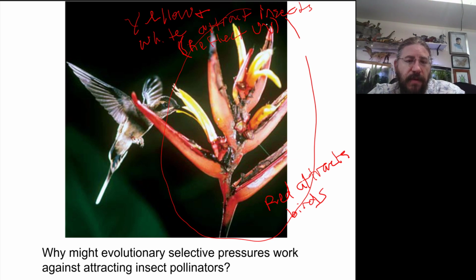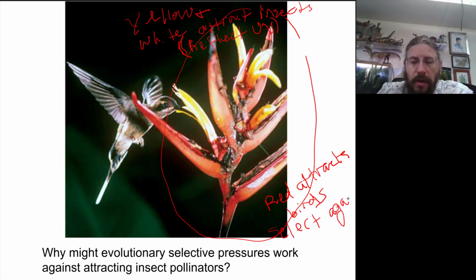They follow the UV patterns on the flowers in order to get attracted to them. Whereas red flowers don't reflect UV that well, which is great because it selects against insect pollinators.